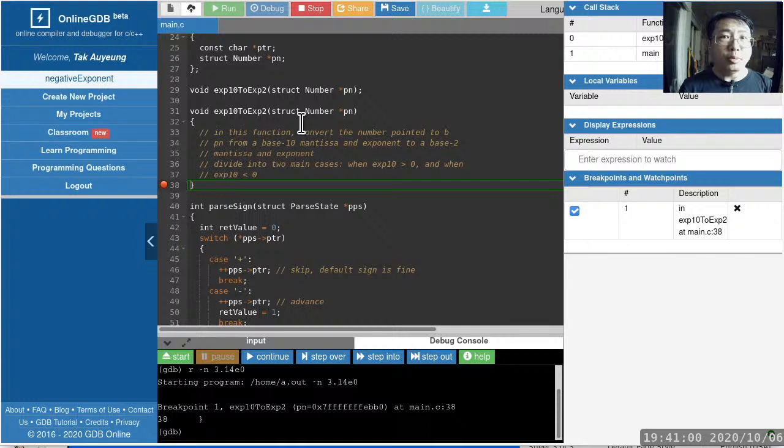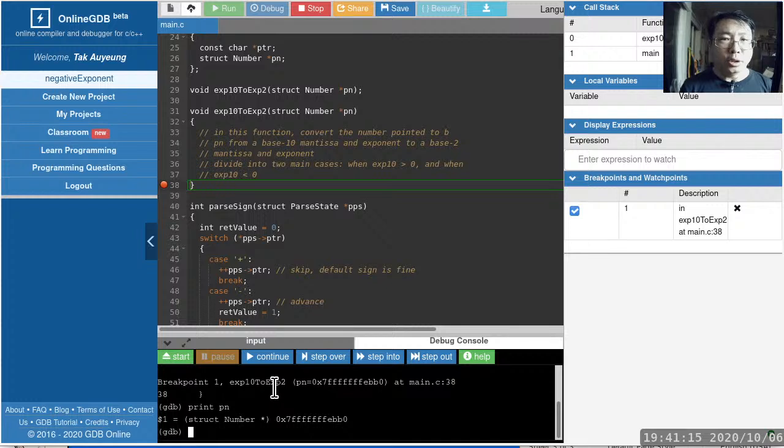Now, obviously, this program is not doing a single thing, right? Because there's nothing between the braces. But what you can do at this point is to say, I want to know what is Pn. Now, trust me, that is not going to be very productive because Pn is just a pointer. All it's going to tell you is, hey, Pn is pointing to this location in memory, and it is supposed to be of type struct number.